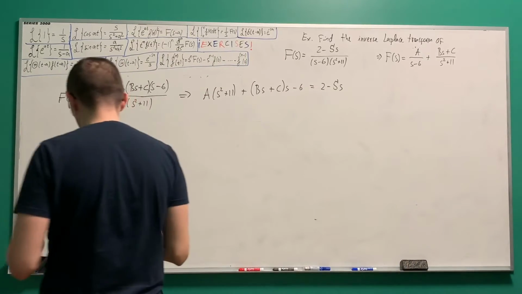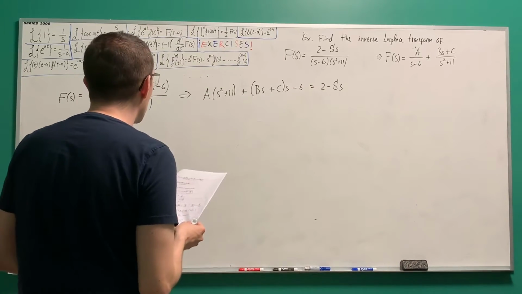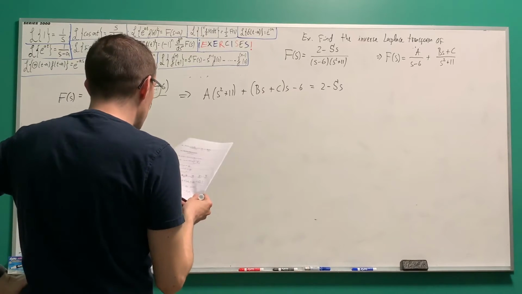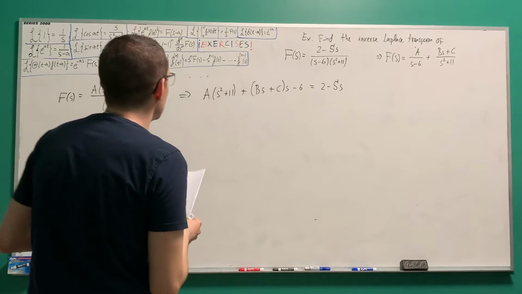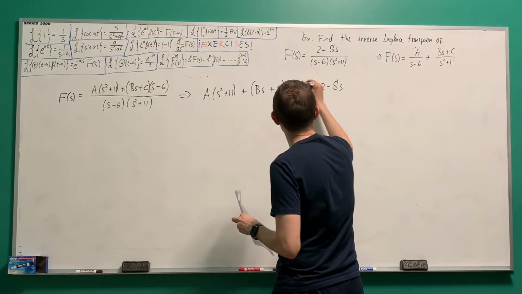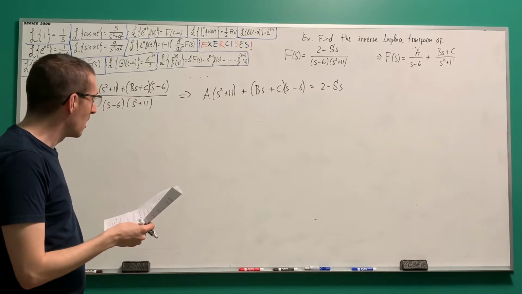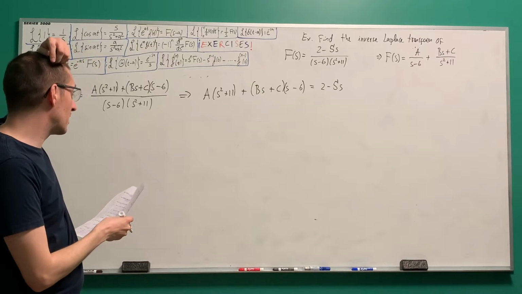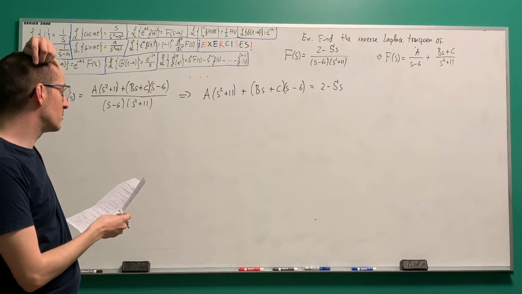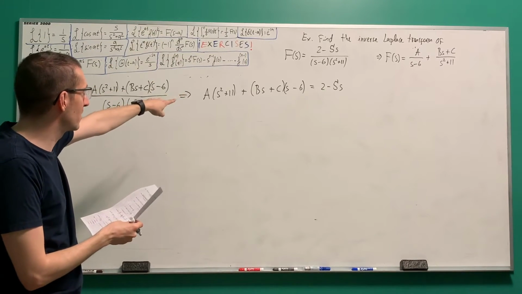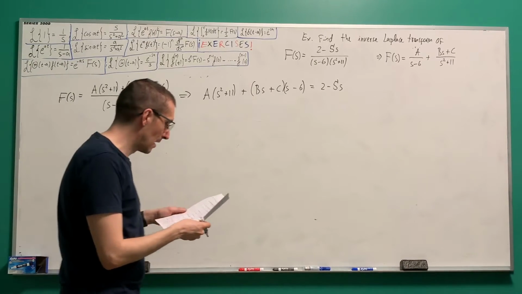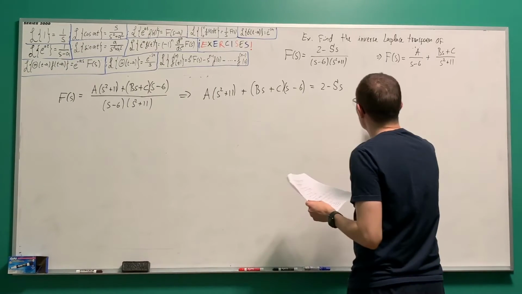Always an s, 2 minus 5s. All right. So we see that actually, oh, sorry, forgot the parentheses. My bad. We see that there's one easy case. One easy case is when s is equal to 6. If s is equal to 6, I get automatically an equation for A. All right, let's do that case first.